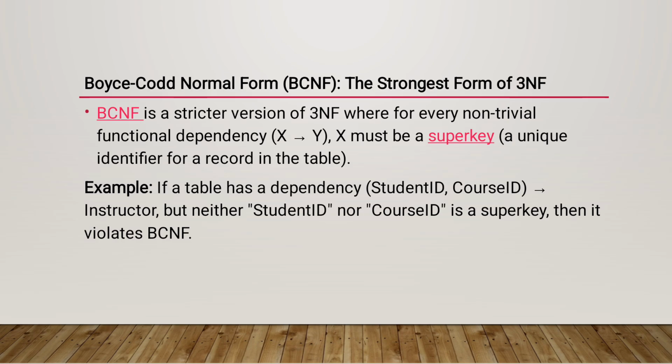That means X cannot be a non-prime attribute if Y is a prime attribute. Example, if a table has the dependency student id, course id, and instructor depends on course, but neither student id nor course id is a super key, it violates the Boyce-Codd normal form.